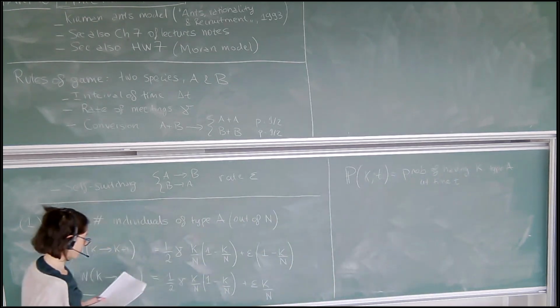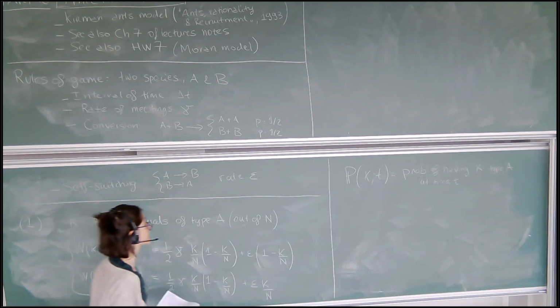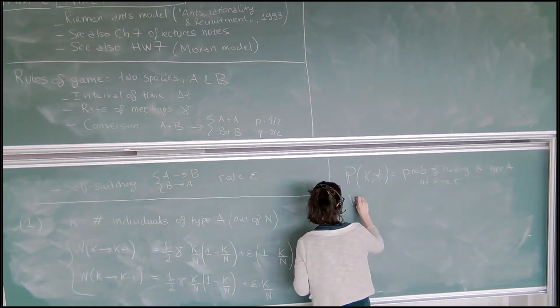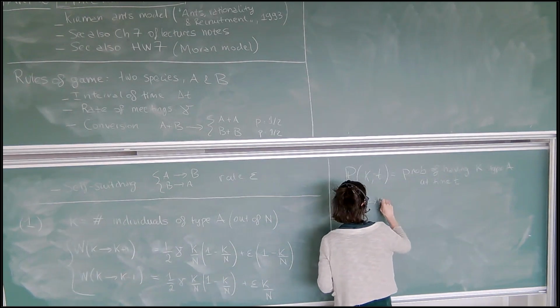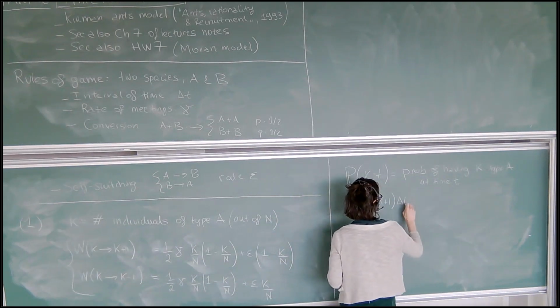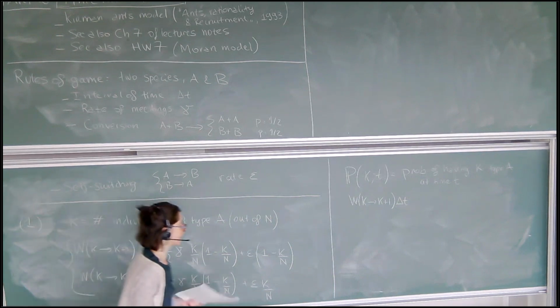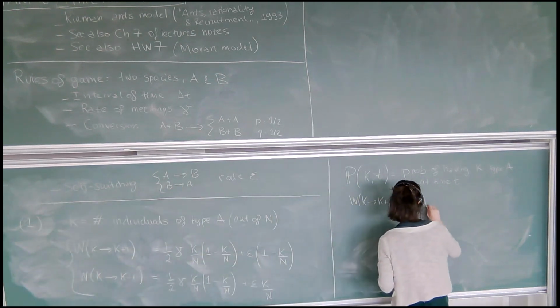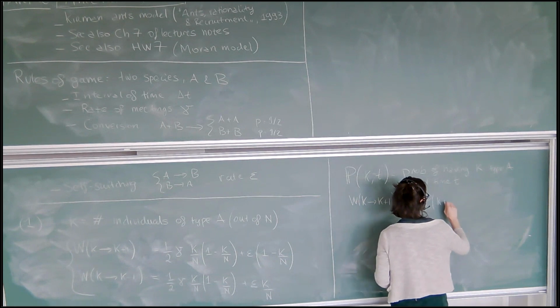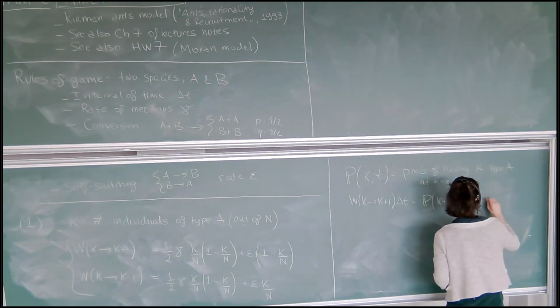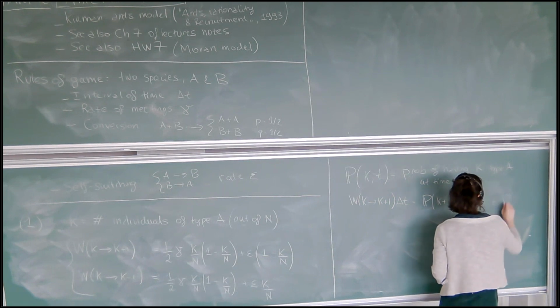And the master equation will contain the transition rates. So if you want, with this type of notation, we can interpret our transition rates times the small interval dt as the conditional probability that you are at k plus 1 at time t plus dt, given that you were at k at time t.